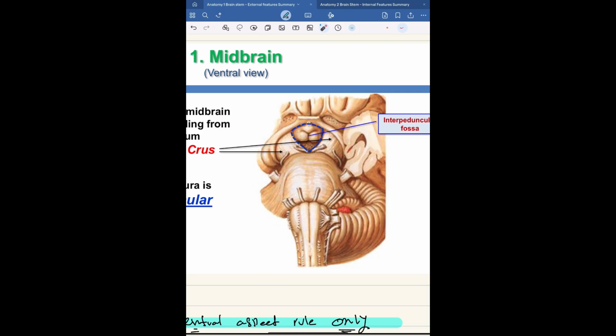Let's go from most superior here until we go down, and then we'll see these structures. So at first you see the optic chiasm at the most superior part, and then if you go down you'll see the optic tract, and then you'll see the crus cerebri from both sides, and then if you dig deep inside, you will see the following structures.